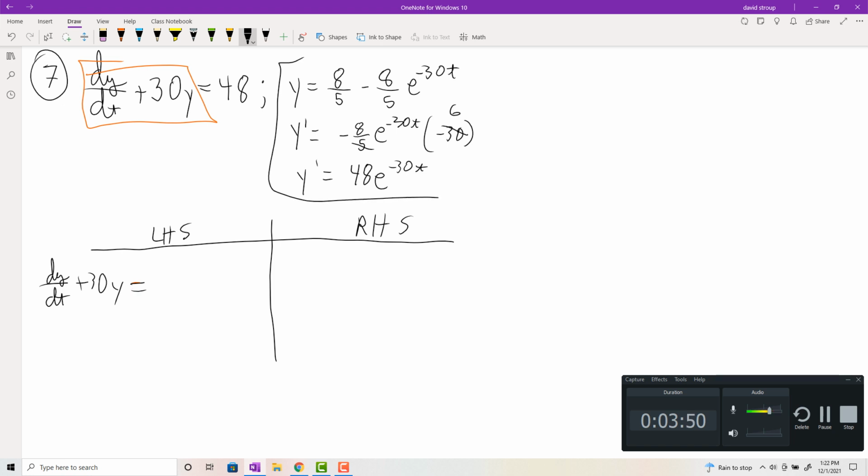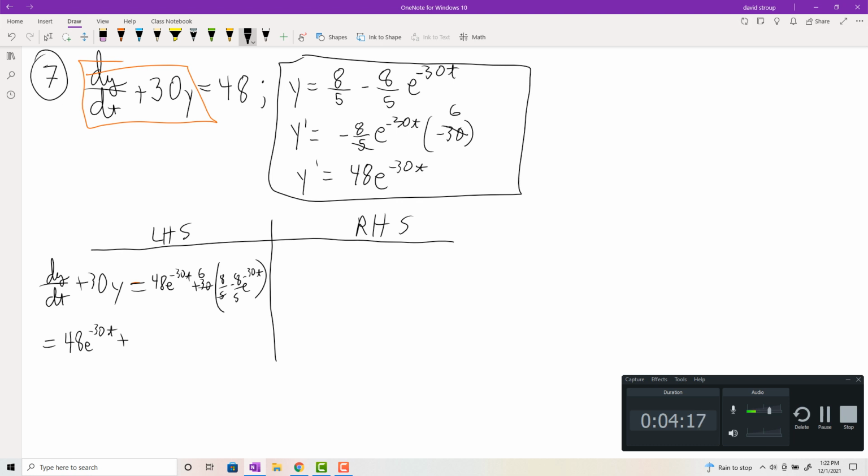So I have 48 e to the negative 30t plus 30 times y, which is 8/5 minus 8/5 e to the negative 30t. And then that will equal 48 e to the negative 30t plus, 5 goes in the 30 6 times, 6 times 8 is 48, minus 48 e to the negative 30t. These cancel, so that left-hand side is just 48.